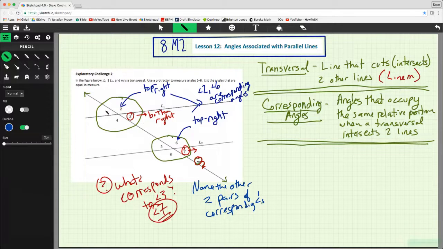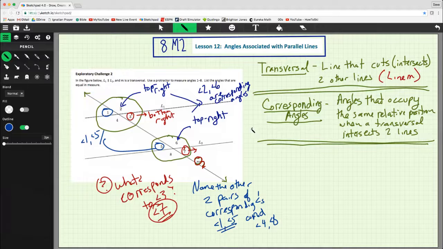Well, you have angle 1 and angle 5. And also you have angle 4, bottom left, and angle 8. So the answer is angle 1 and angle 5 and angle 4, comma, angle 8. So that's corresponding.